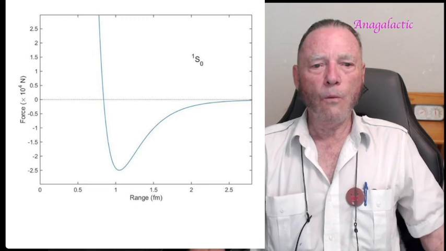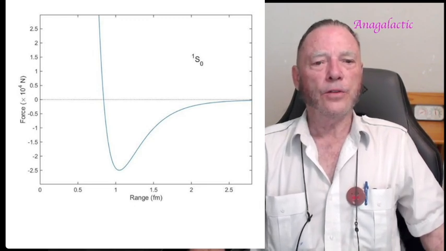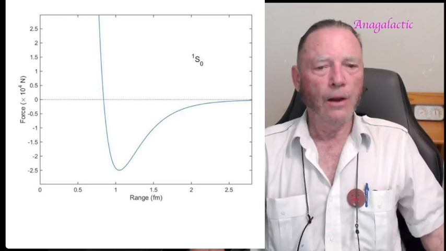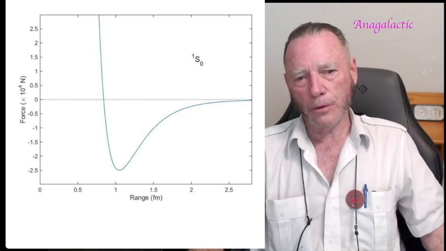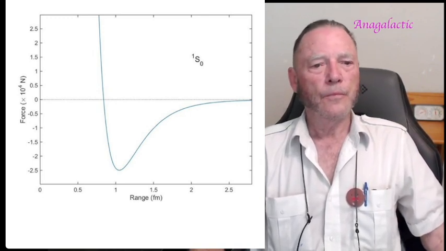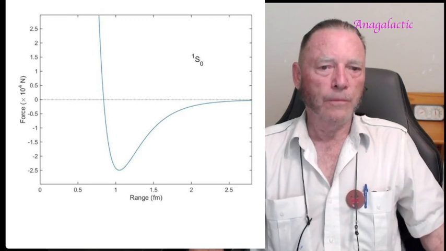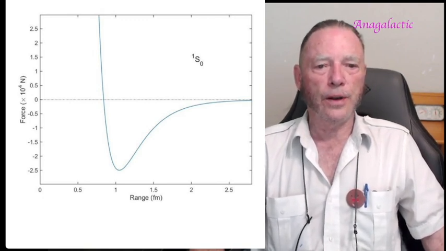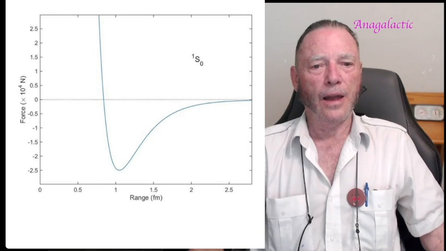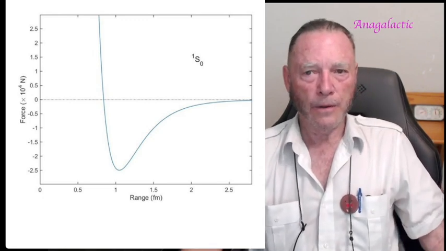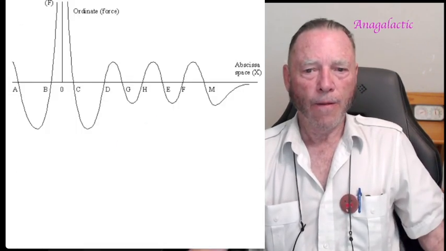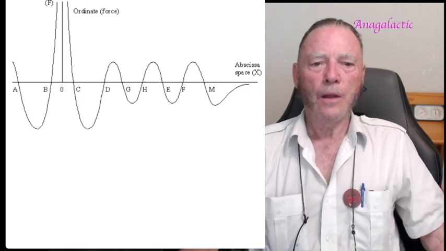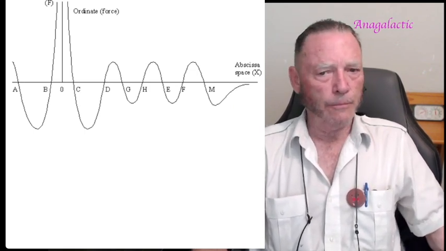So, what we want to do is follow the flight path of a particle that's approaching another particle. This diagram shows the relationship between a proton and another proton. However, this diagram may or may not represent that.